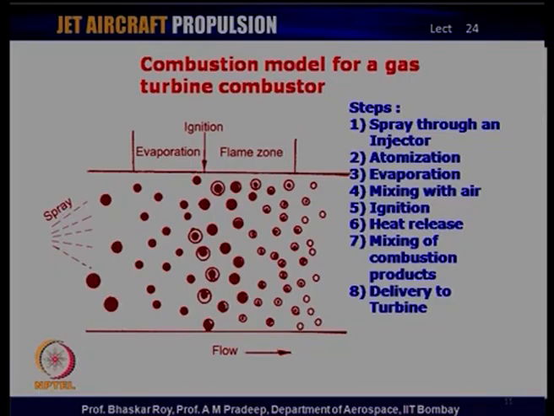heat is released. The release of heat through the process of burning takes place over what is known as the flame zone, and once the heat is released, it is necessary that you take care of the combustion products. The process of combustion creates combustion products through various chemical kinetic steps.